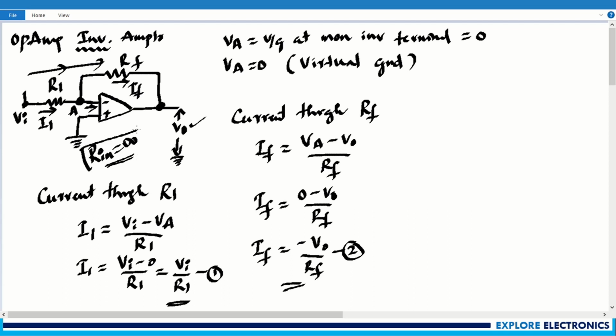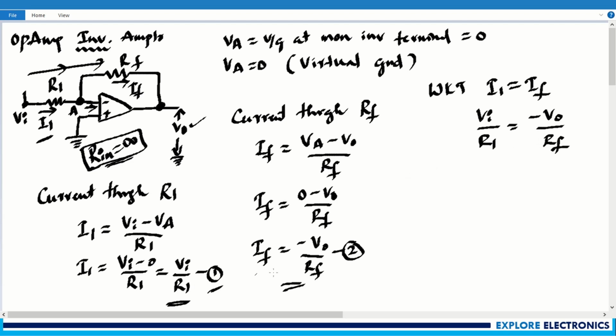So there will be no current flowing into the Opamp. That's why I1 will be equal to IF. So we can write, we know that I1 will be equal to IF. So let me take I1, that is Vi divided by R1. What is IF? Minus V0 divided by RF.